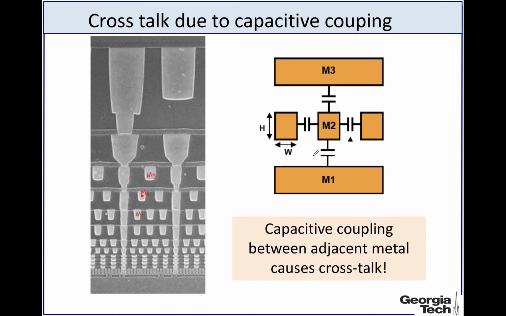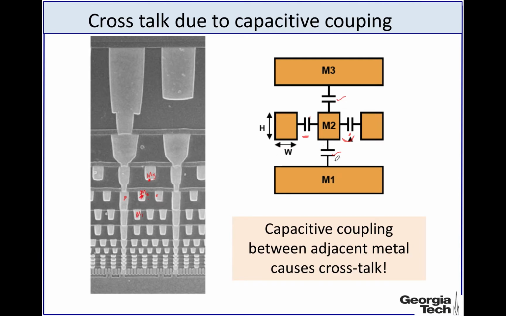Essentially what happens is that in between, for example, this metal layer and this metal layer, there is this oxide, and this represents the oxide capacitance here. Similarly, the capacitance between this wire and this wire is given by this capacitor here, and this capacitance is the coupling capacitance between these two lines, and this one occurs between this layer and this layer.